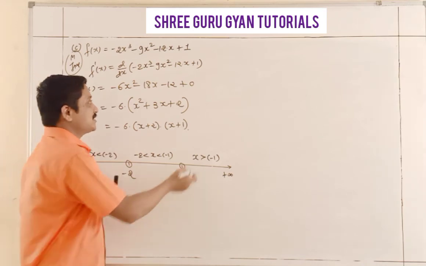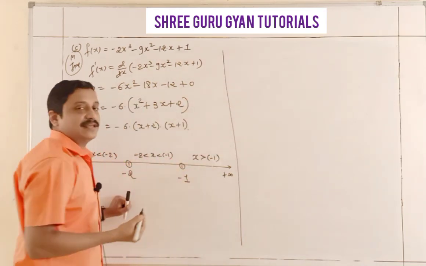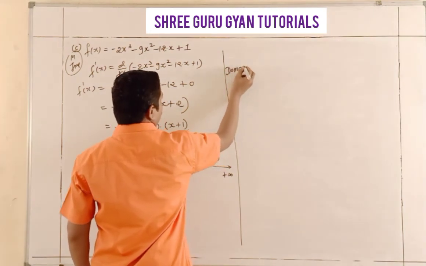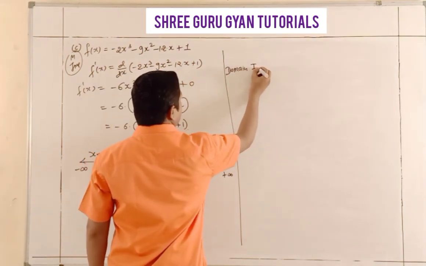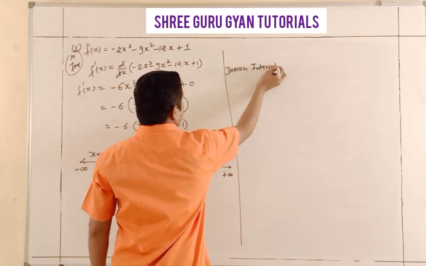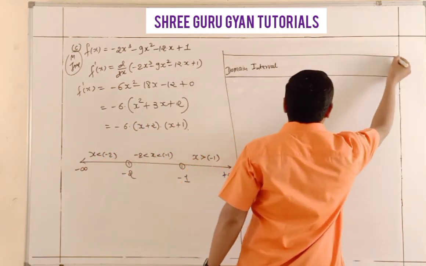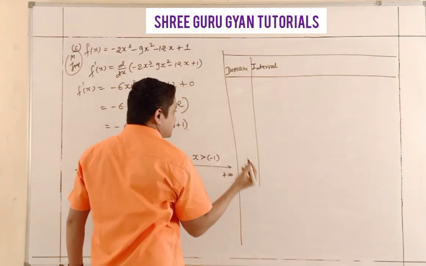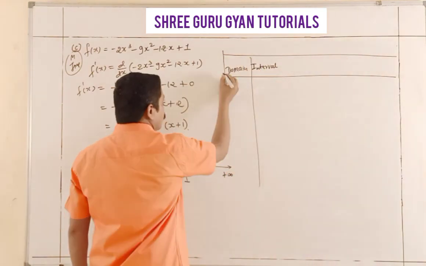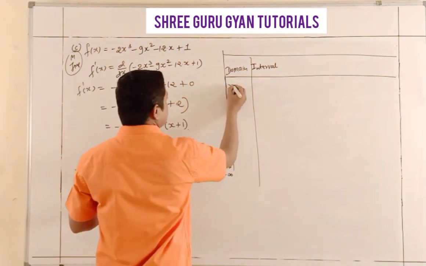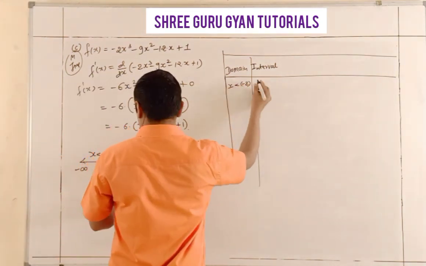Now I start, students. Find my table. First of all the value domain, after that the interval, and all values I decide one by one. You properly draw the table. First domain: x less than -2, interval ready.